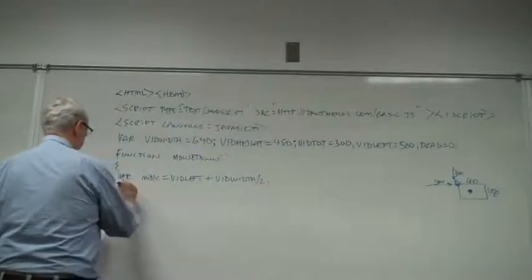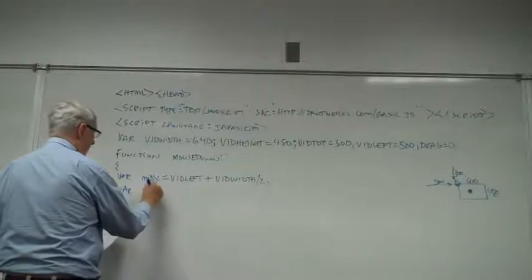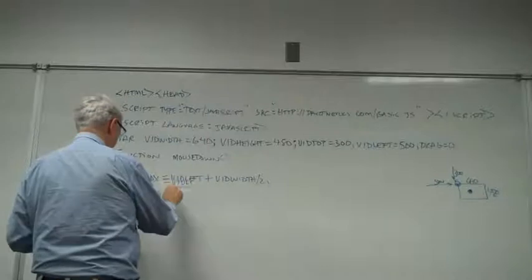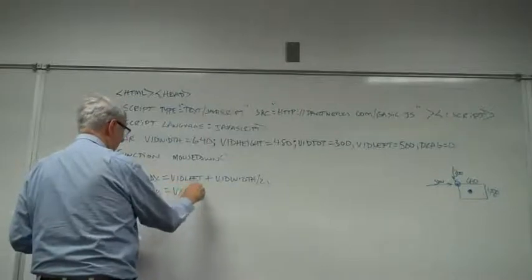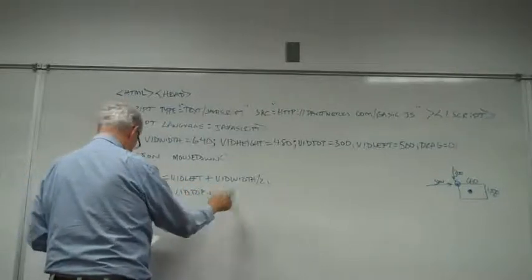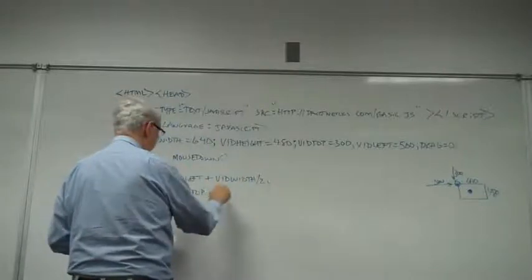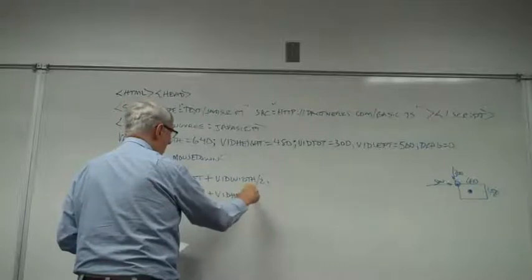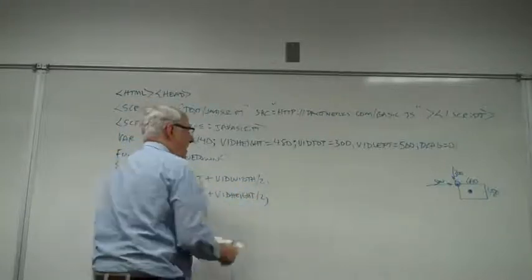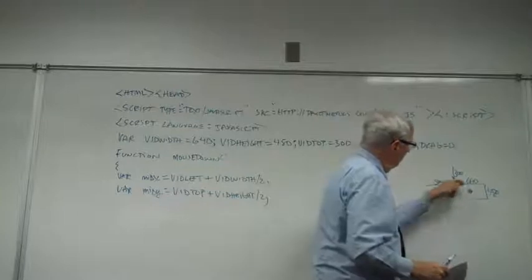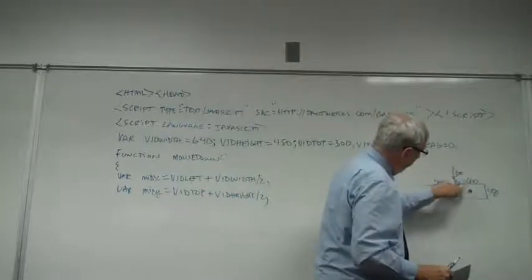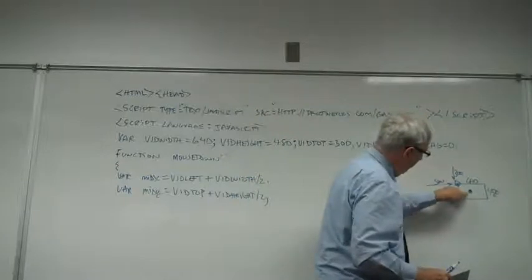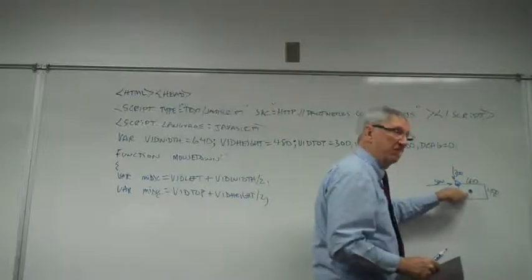You say variable midY is equal to vidTop, which is how far down from the top, plus the vidHeight divided by 2. So what I did is I said, well, how far is this down? How far is this midpoint? It's 300 down, plus half of this height here, which is 480, is half of that, which is that right there. So that's how far down it is.